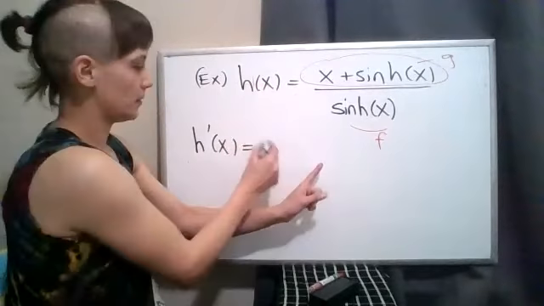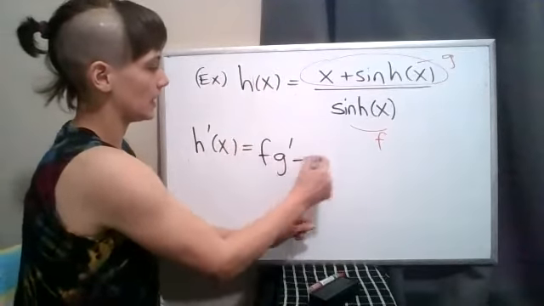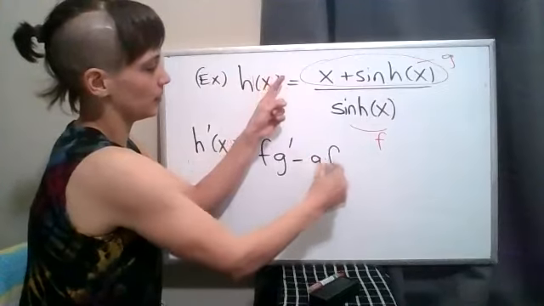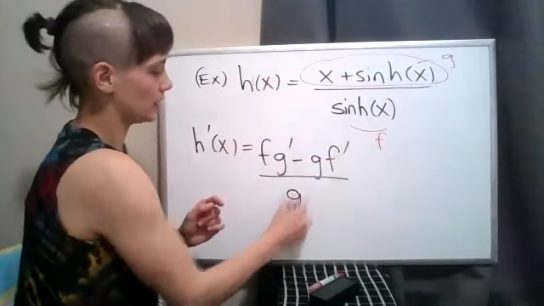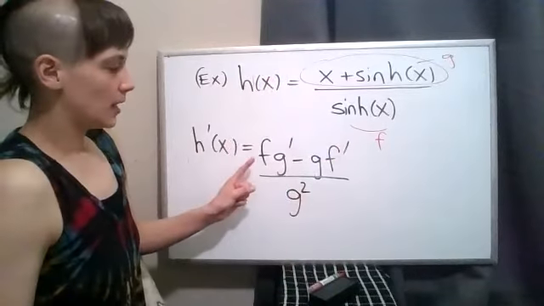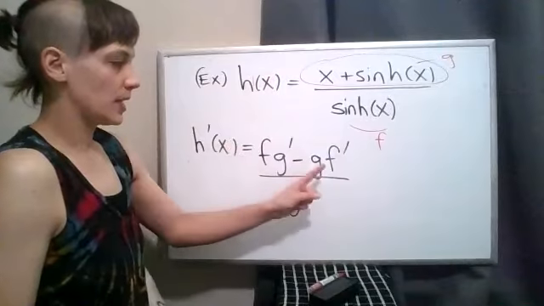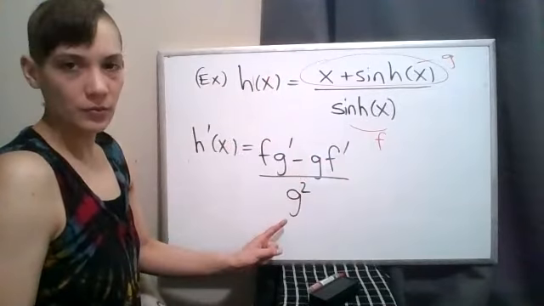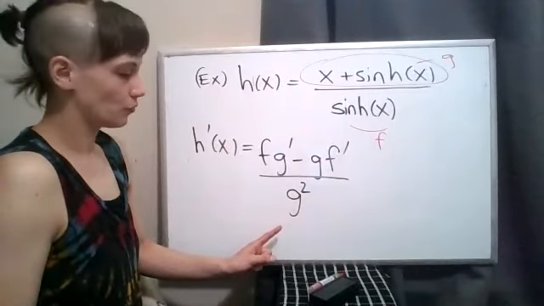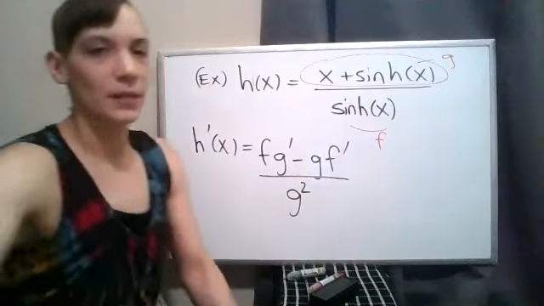So low is f, d high minus high, d low over the bottom squared. G prime f minus f prime g over g squared. I'm going to double check.